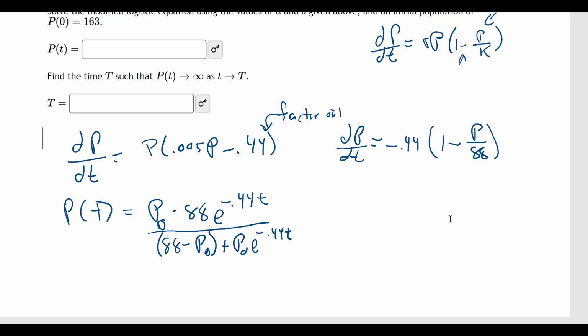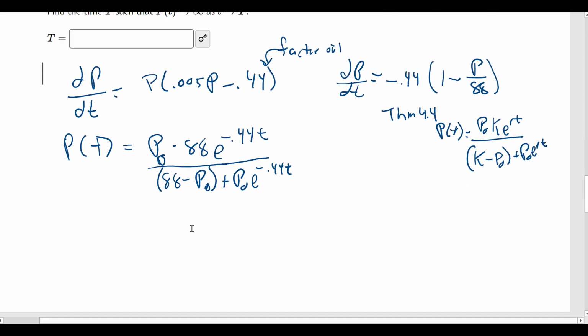What I'm referencing is in the online book, which really doesn't have pages, but I'm on 4.4. The formula they give us is Theorem 4.2, and we're looking at P(t) = P0 k e^(rt) / (k - P0 + P0 e^(rt)).